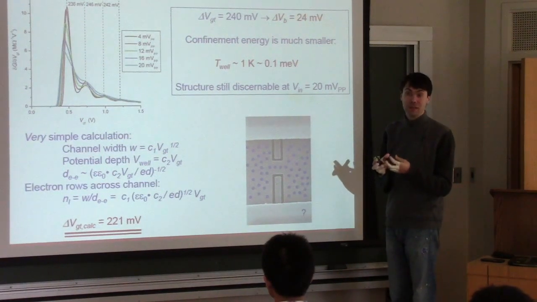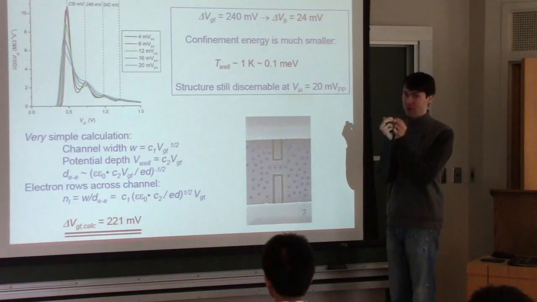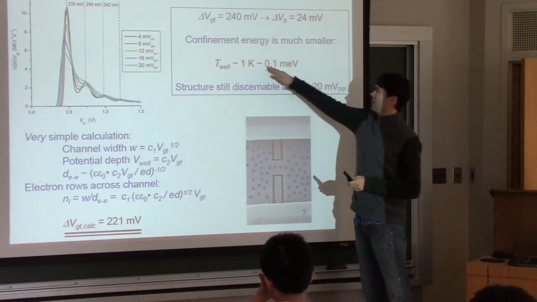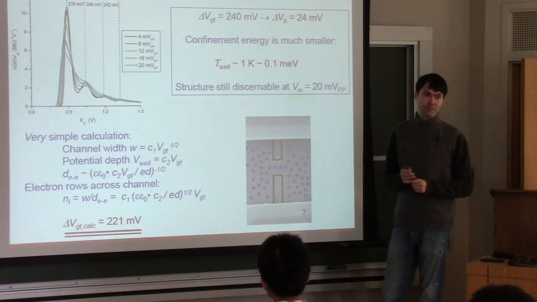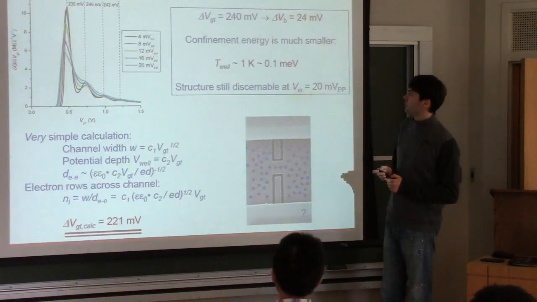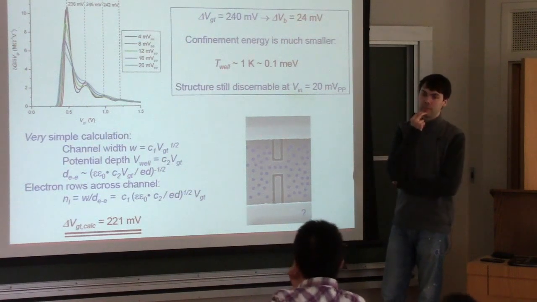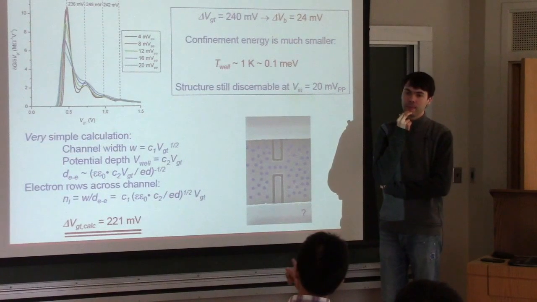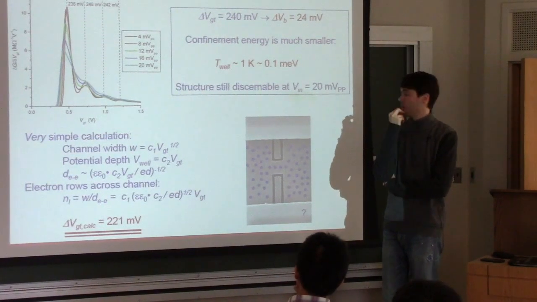These are much heavier electrons, so their wavelengths are much smaller. And that's why the actual quantum confinement energy is pretty small. And also the Coulomb interaction is quite big here, so there's no way you can treat them as a single-particle motion.